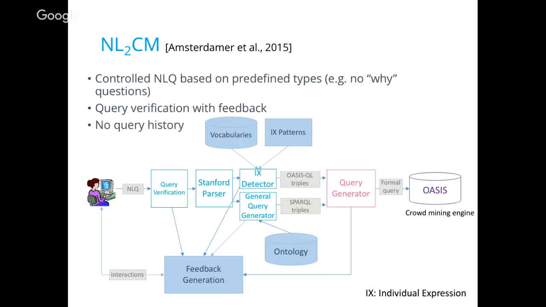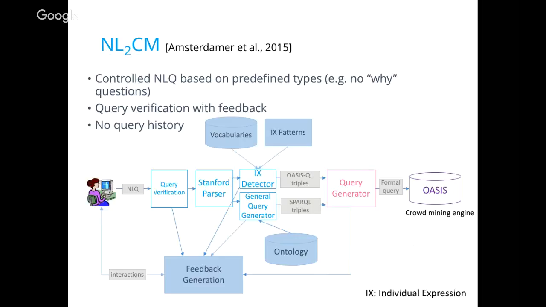And in the Stanford parser, it does two things. It does some pattern matching, trying to identify something called an information expression. And it also tries to do some general query generation, depending on the first system that we just described.